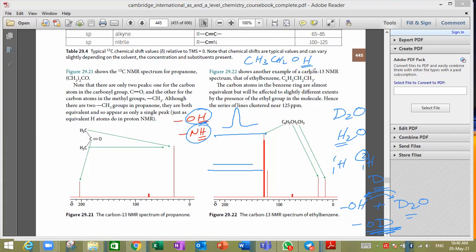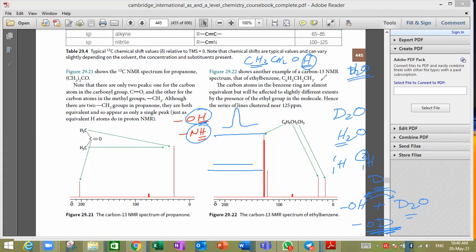For CH3, it has two neighboring hydrogens, so 2 + 1, it would be split into 3. And for CH2, it has 3 neighboring hydrogens, so it's 4. And the OH will not be split because, as I told you, it exchanges its place with the water that is present in the solvent.